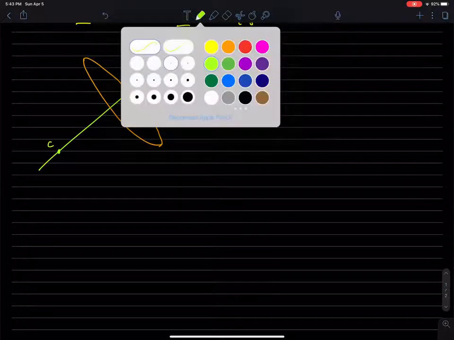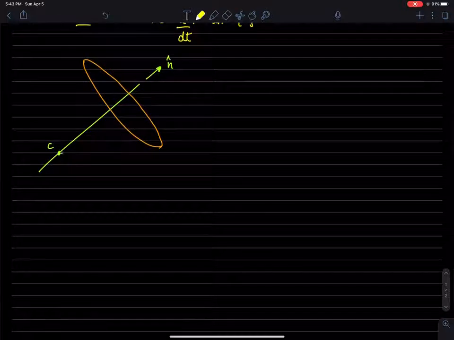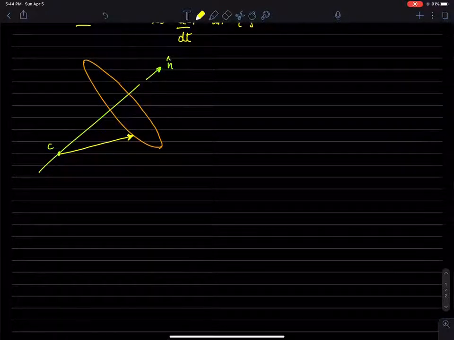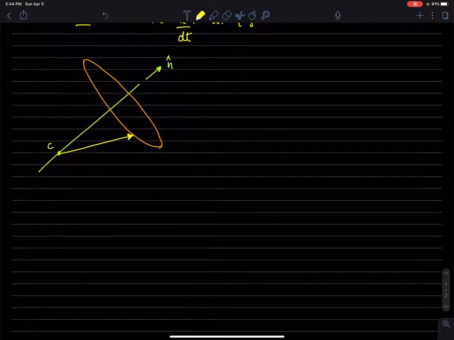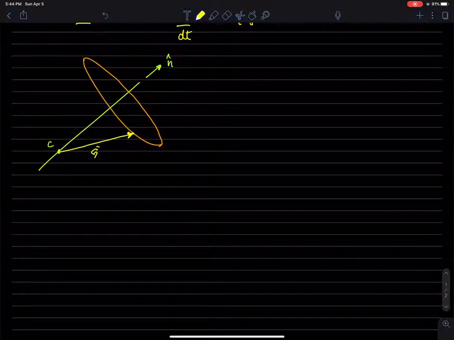And let's say that we have the vector G like so. Wherever G is, you can transport it to this axis. So that's the vector G, and let's call this point P.